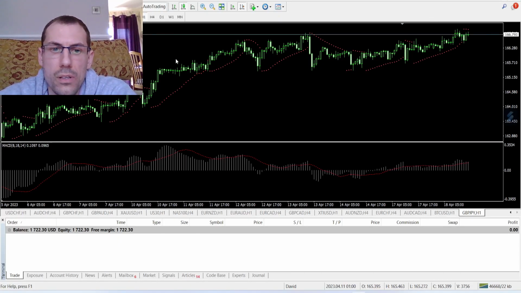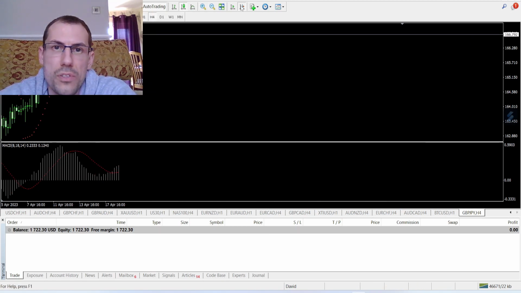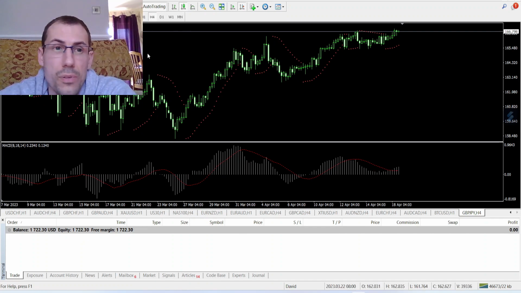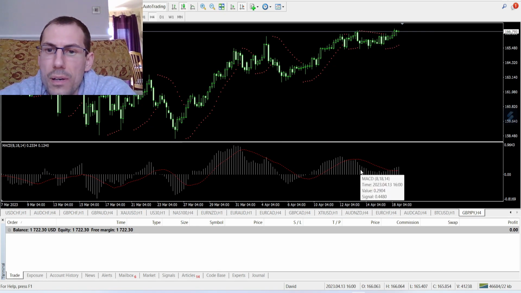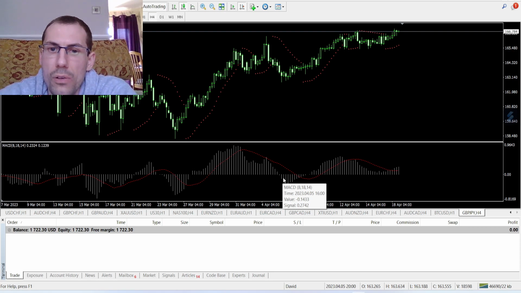Okay, so you need the 4 hours chart first, the first point and the first bar. So when you take a look on the downtrend, you're looking for a sell, the point should be above the candle, and the MACD bar should be below zero on downtrend.